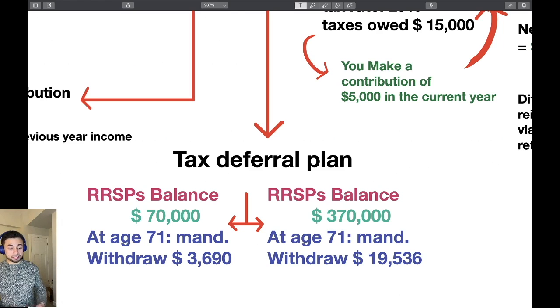Now, of course, by the time these two individuals have to take that money out, that money will be fully 100% taxable. So that's one of the drawbacks of the RRSP account. But hopefully at this time, you don't have to worry so much about working, and you can enjoy withdrawing that money, regardless of how big your RRSP balance is.